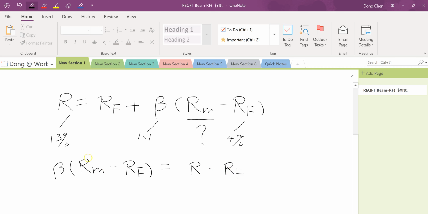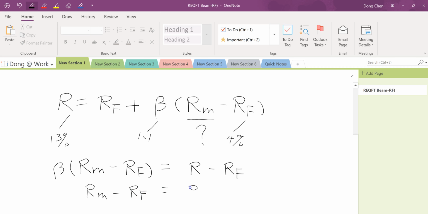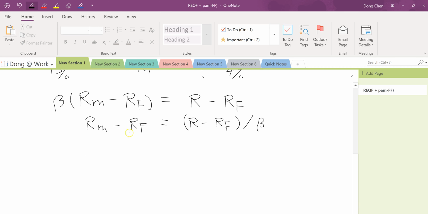To further solve for R_M, I need to divide both sides by beta. So R_M minus R_f equals R_i minus R_f, divided by beta. Finally, I can move this minus R_f to the other side.